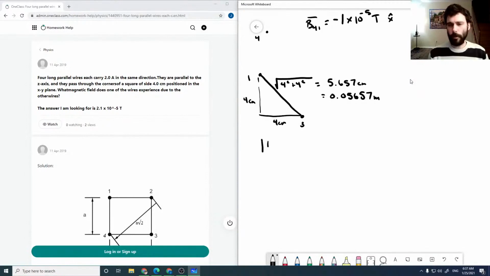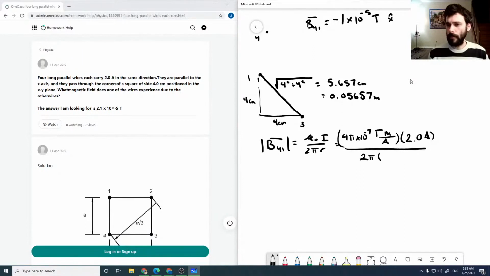And so we can easily solve for our magnitude as mu naught I over 2 pi r: 4 pi times 10 to the minus 7 Teslas meters per amp onto 2 amps over 2 pi times 0.05657 meters, which comes out to be 7.071 times 10 to the minus 6 Tesla.